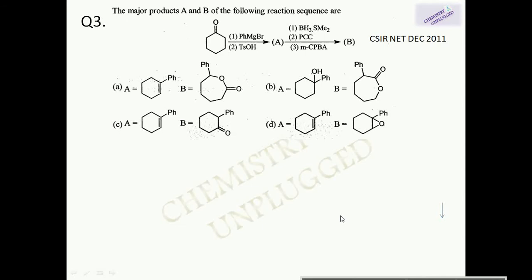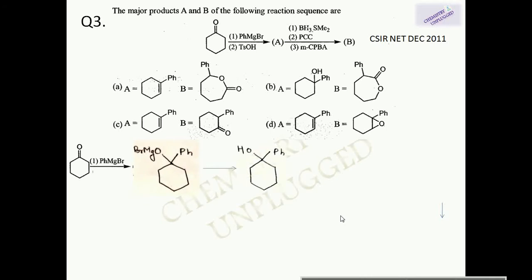Next question is from December 2011 CSIR NET. In the first step, we will react cyclohexanone with Grignard reagent. So it will attack on the carbonyl group and convert this O into OH. In next step, we have para-toluene sulfonic acid, TsOH. So it will provide acidic medium, and H+ ions will be in the reaction mixture, and they will attack on OH to form H2O+.